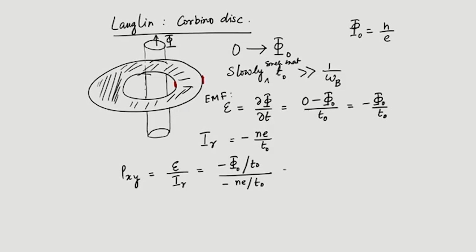Okay, and this is equal to phi 0, the minus sign cancels, the T0 cancels, and this is equal to Ne, and putting phi 0 equal to h over e, one gets h over Ne square, and this is precisely the Hall resistivity that we have been talking about.